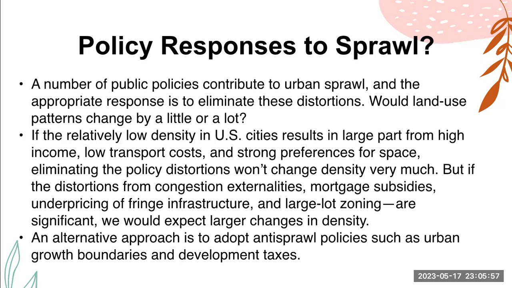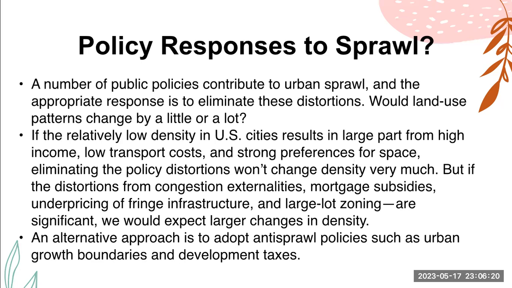So would land use patterns change by a little or a lot? If the relatively low density in US cities results in large part from high income, low transport costs and strong preferences for space, eliminating the policy distortions won't change density very much.